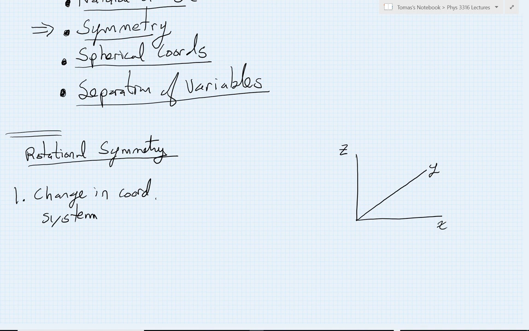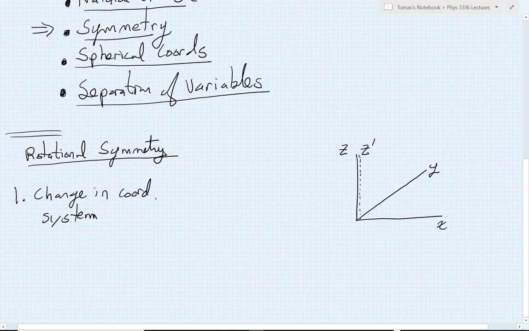Because I have spherical symmetry, any rotation should restore things back to their original. I want, however, to think about a particular class of rotations, which will make also our choice of spherical coordinates a little bit more convenient later on. So I want to consider what happens if I rotate my coordinate system about the z-axis. If I rotate my coordinate system about the z-axis, my new z-axis will point in exactly the same direction. I will call that z prime.